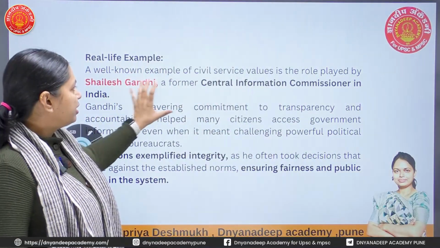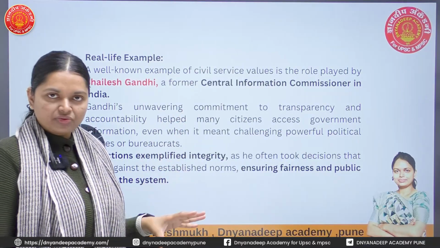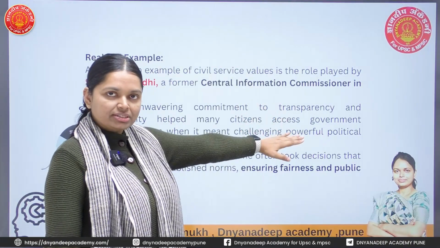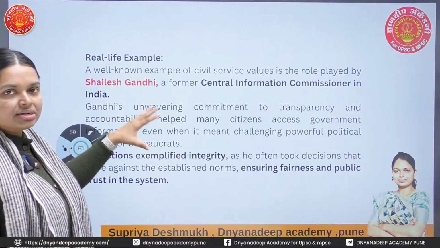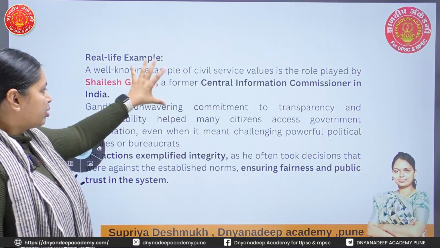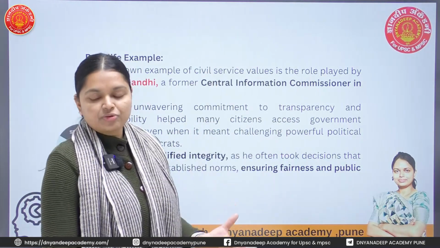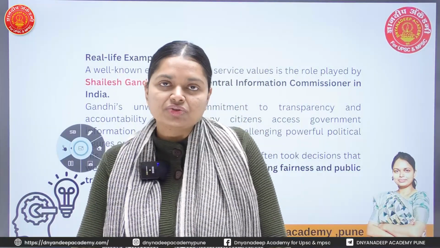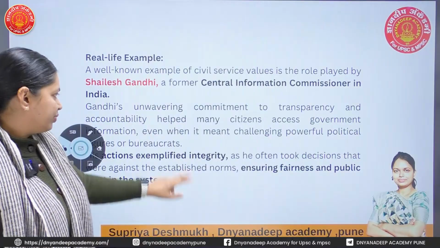He is a former Central Information Commissioner, and because of his commitment towards his work, he opened all the information enclosed for the welfare of citizens, giving the public access to information. Though there was political and bureaucratic pressure, with the help of his integrity he performed his duty so well that all citizens were able to access the information. With such an example, we can start our answer.